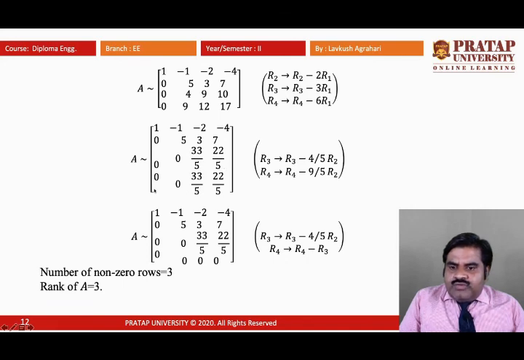The elements of the fourth row are 0, 0, 33 by 5, 22 by 5. Then R4 is replaced by R4 minus 11 R3. The matrix is reduced to echelon form, and we can check that the number of non-zero rows is 3, hence the rank of the matrix is 3.